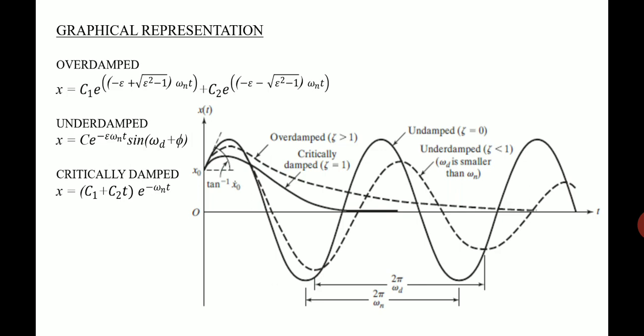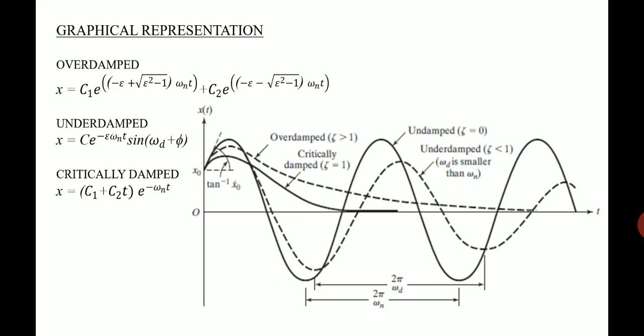Next is the overdamped system, where epsilon is greater than 1. That is the dotted line at the top, and you can see that it's not an oscillatory motion because the amplitude is not going below 0. It's in the positive quadrant.